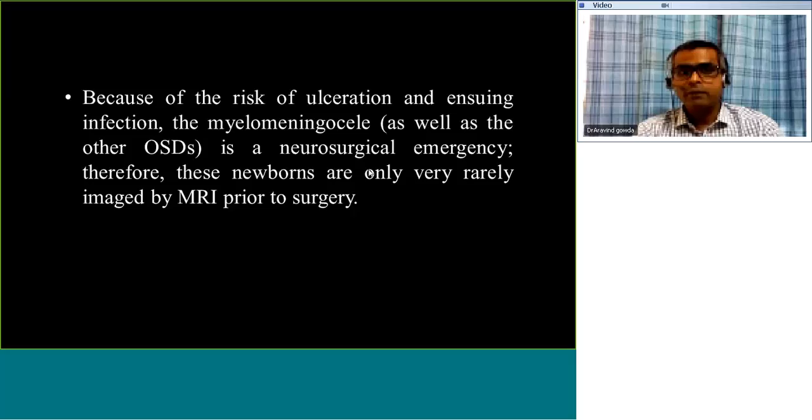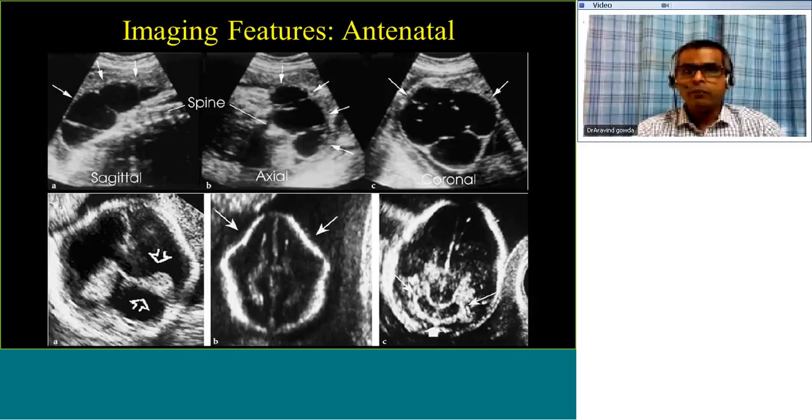There are associated secondary things that can form due to the myelomeningocele. To have an idea about those before taking the child for surgery, imaging is required. So what are all those things? This can be diagnosed antenatally, wherein you can see the hydrocephalus.